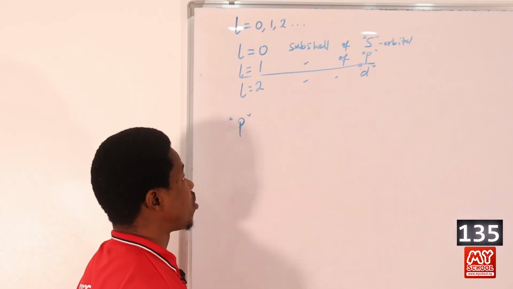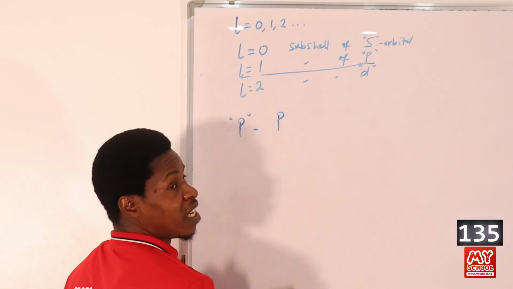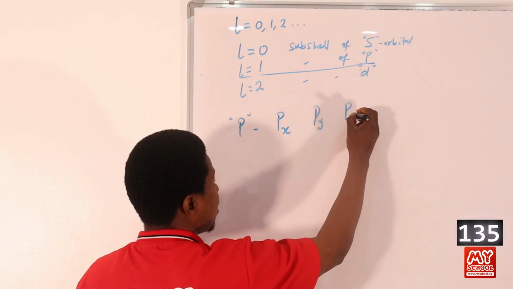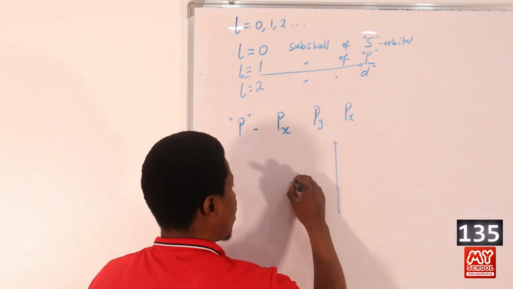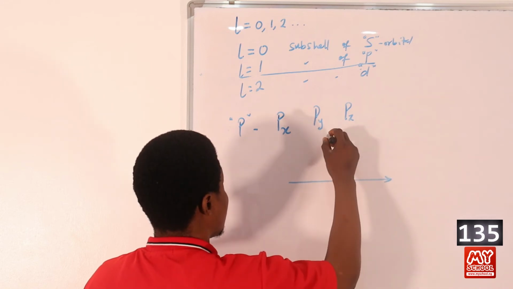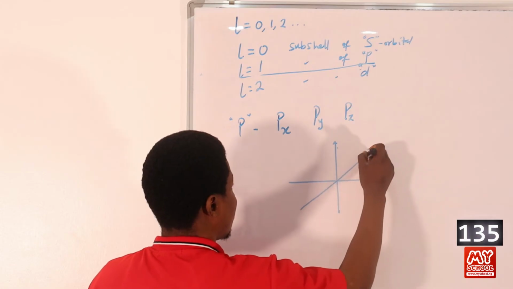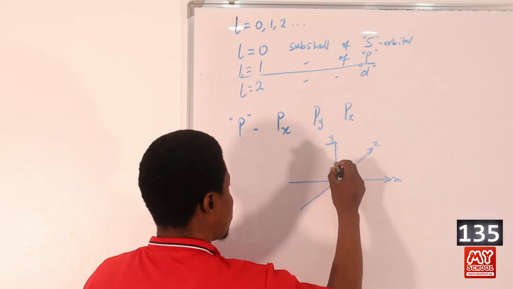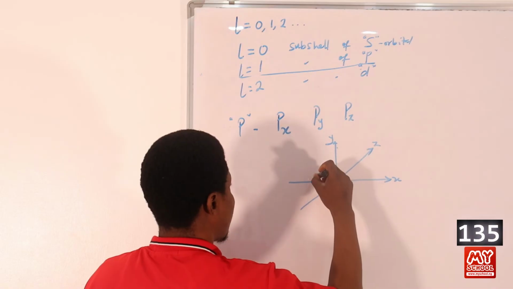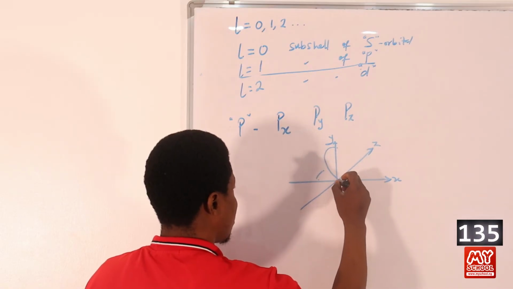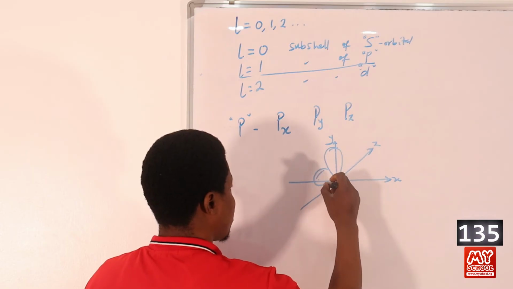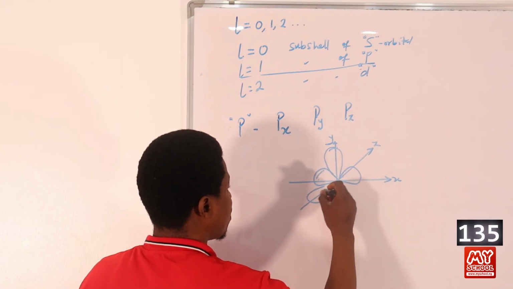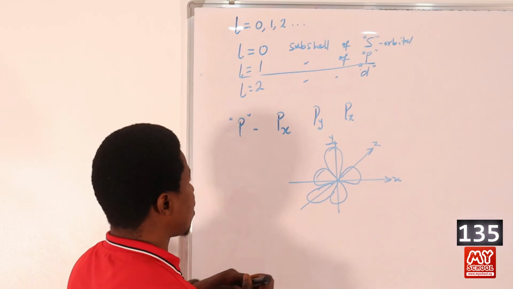Don't forget that for the P, we usually have 3 orbitals. Under that, we have Px, Py, and Pz. Each one points in a different direction: X, Y, and Z.